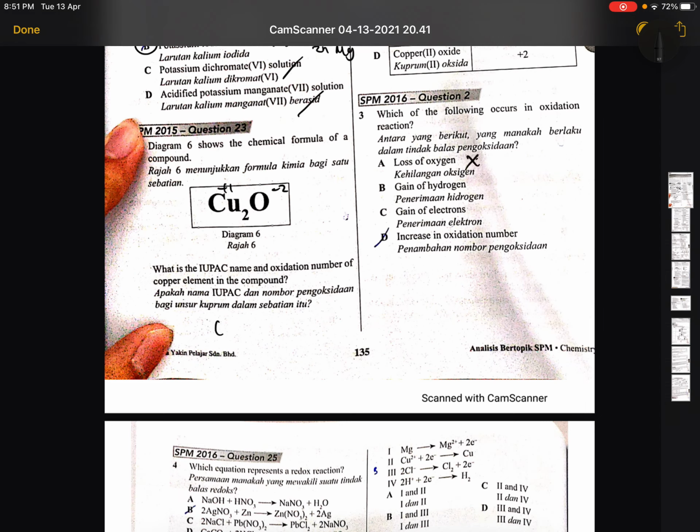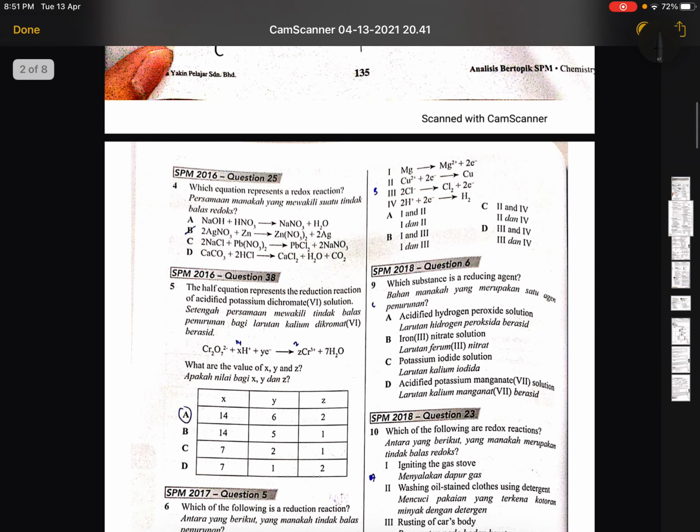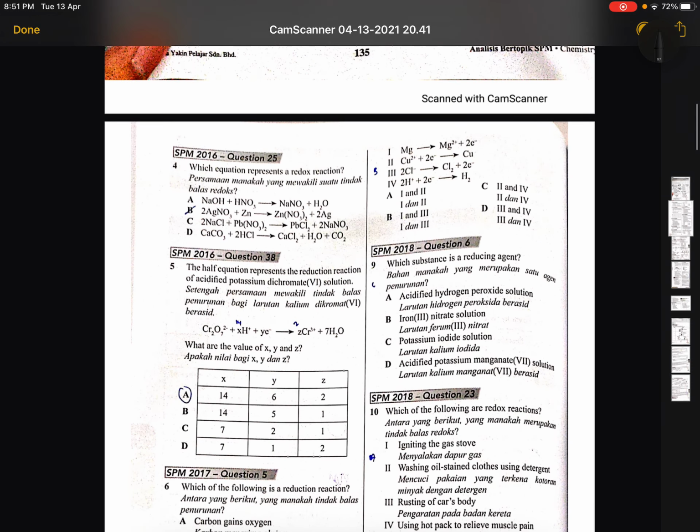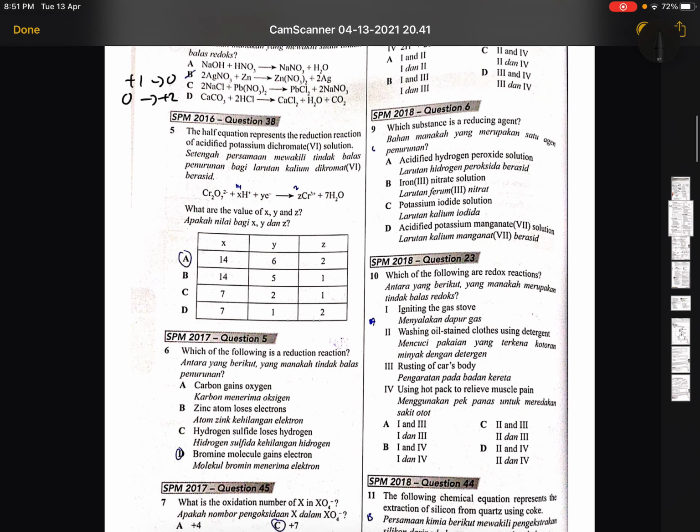In oxidation, you gain oxygen, you lose hydrogen, you lose electrons, or you increase in oxidation number. So the answer is D. Which equation represents a redox reaction? You have to look at the oxidation numbers. Ag went from +1 to 0, while zinc went from 0 to +2, so we have a redox reaction because it involves both reduction and oxidation.